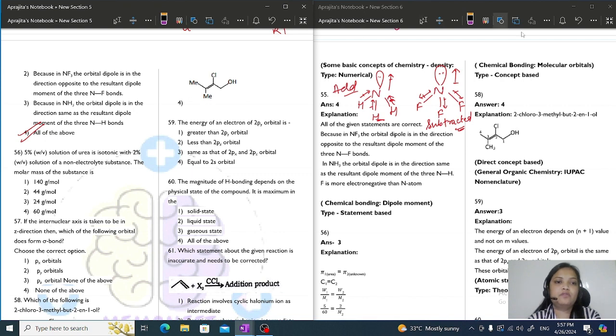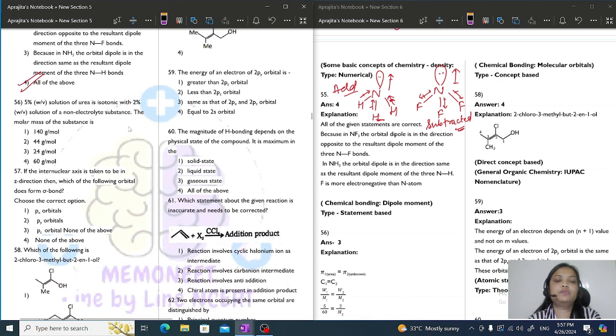Okay, question number 56. A 5% weight by volume solution of urea is isotonic with a 2% weight by volume solution of a non-electrolyte. We need to find the molar mass of that substance. Students, first of all, isotonic solutions means they have the same osmotic pressure, so pi 1 is equal to pi 2.